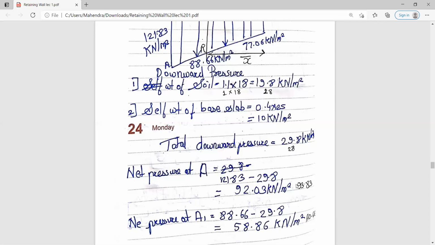So do up till here. The values that are here, that is 28, 93.83, 60.66, these are the exact values.